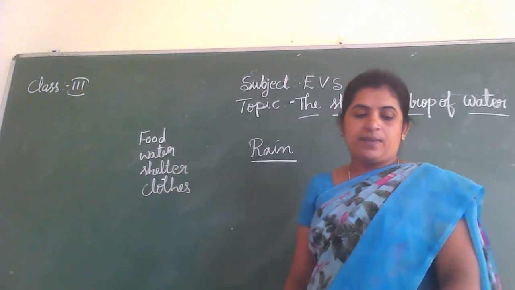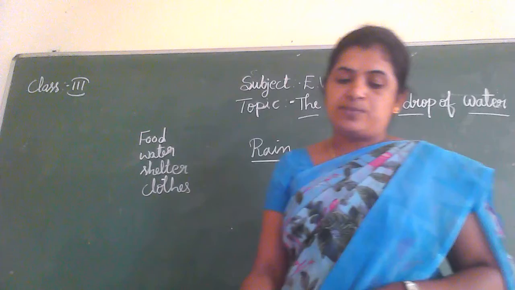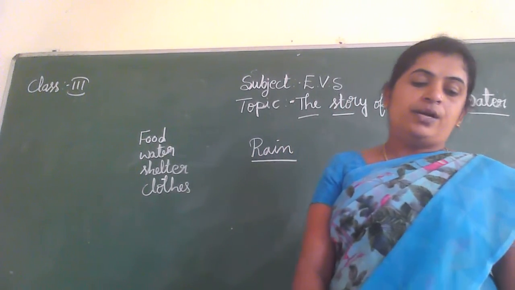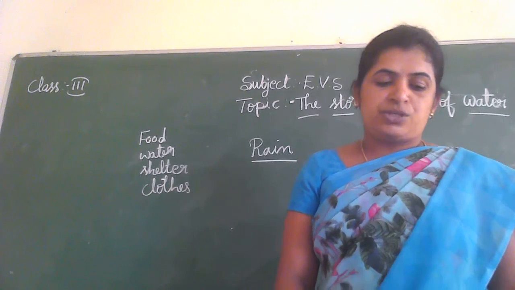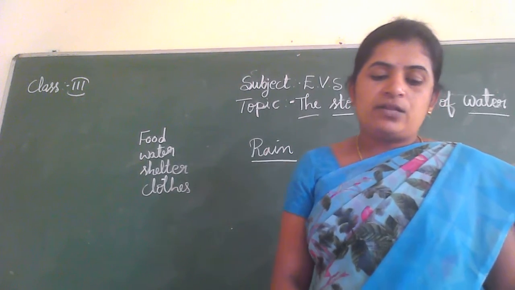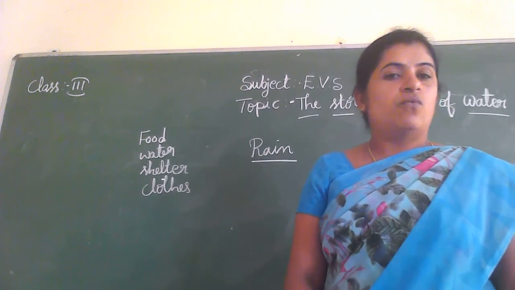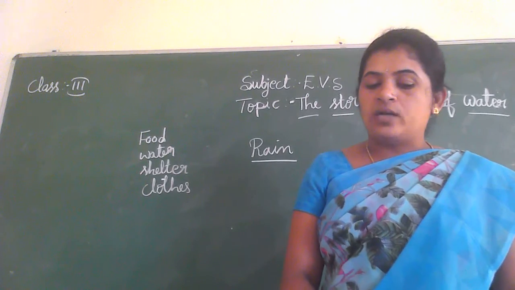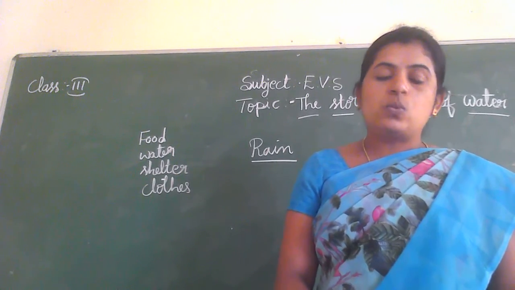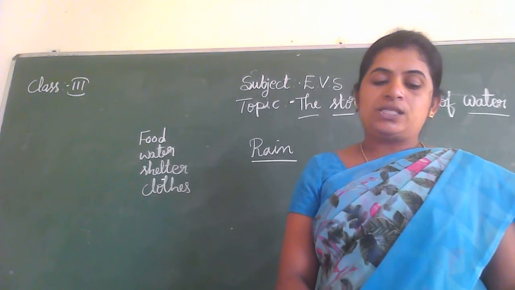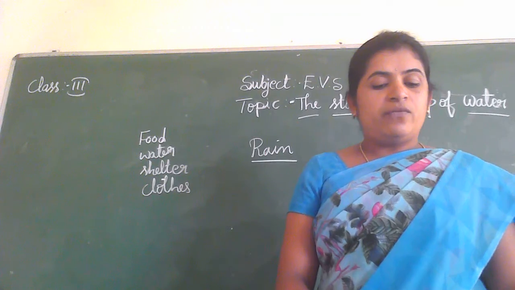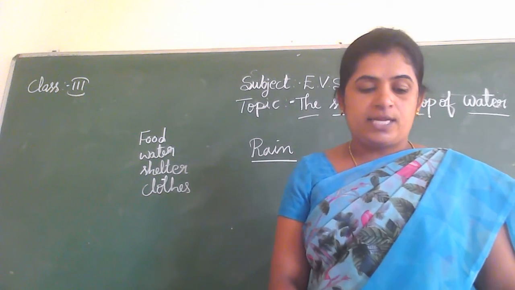Here you can observe, children, in this lesson we will learn some main concepts. First, identify the different sources of water. Explain from where you get water for your household activity. Understand the necessity and quantity of water needed for day-to-day activities.